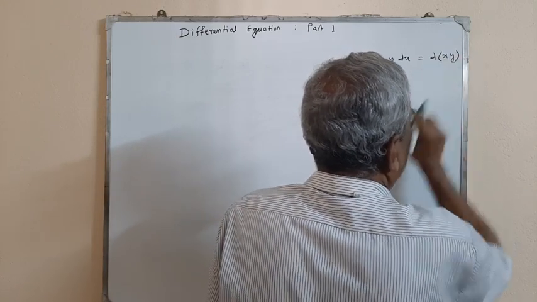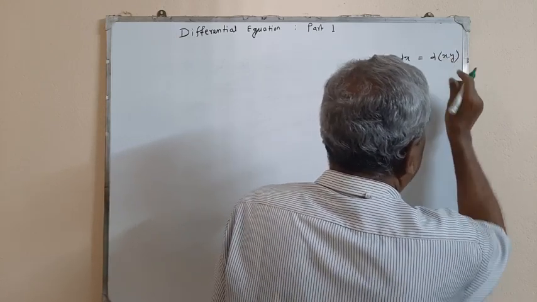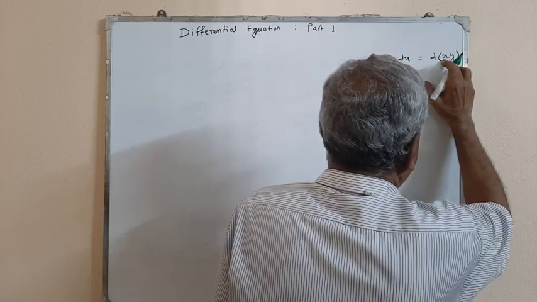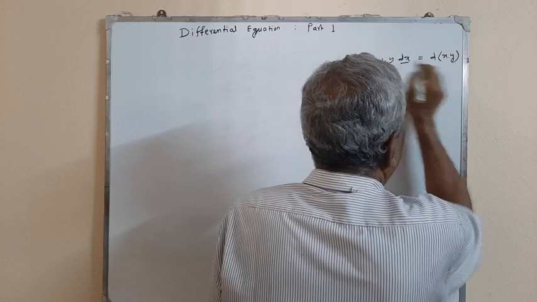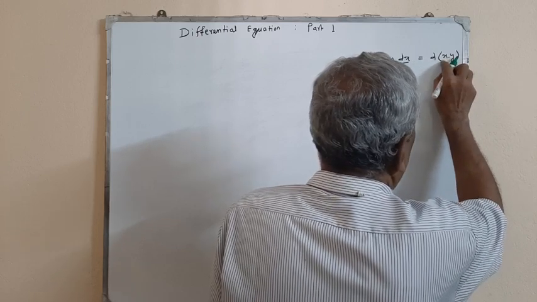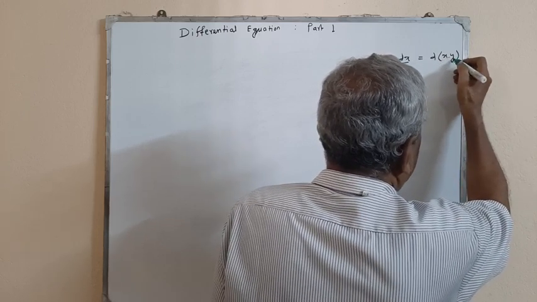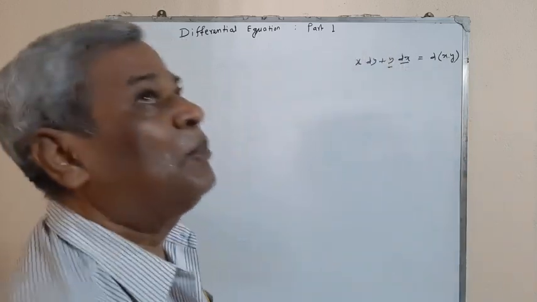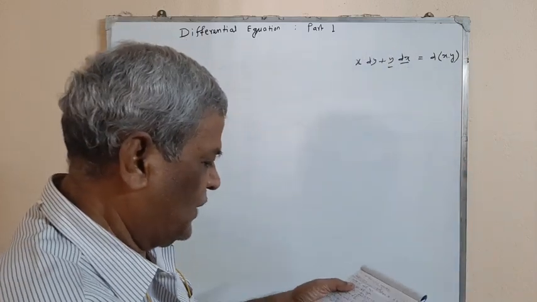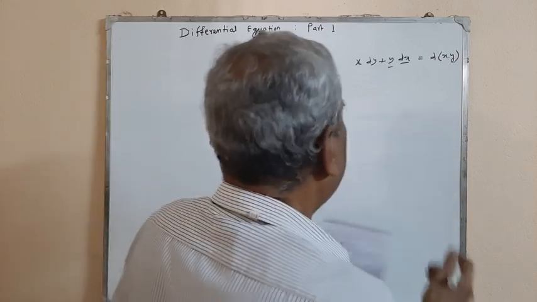It is a product of two factors, so its derivative is the derivative of x, that is dx, into y, plus x into the derivative of the second part, that is x into dy. So x dy plus y dx is equal to d of xy.